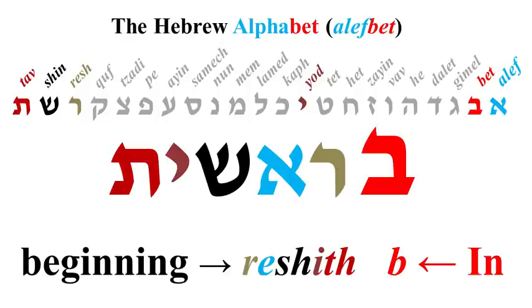So if you have Bereshit, it's in beginning. And there is no the. I know a lot of the English translations say in the beginning, but that's not how it is in the Hebrew. That's kind of a hidden first word there because it's part of Bereshit.